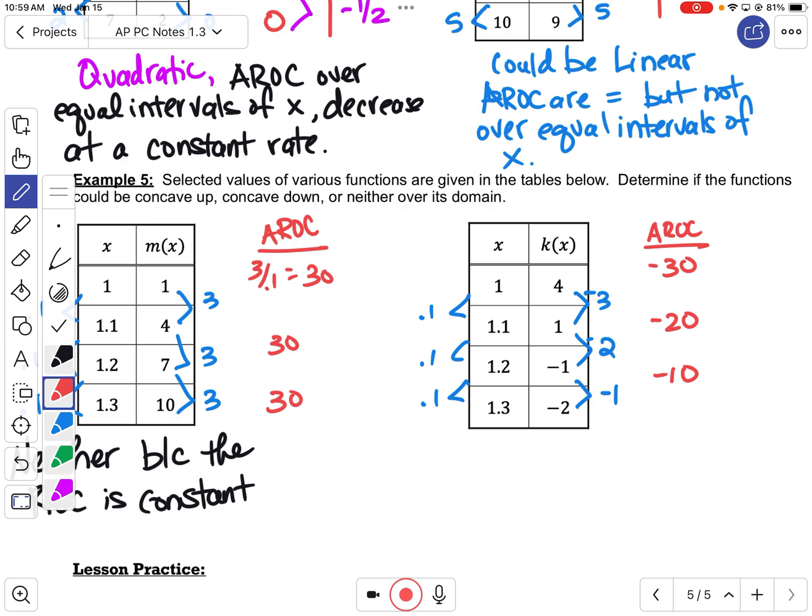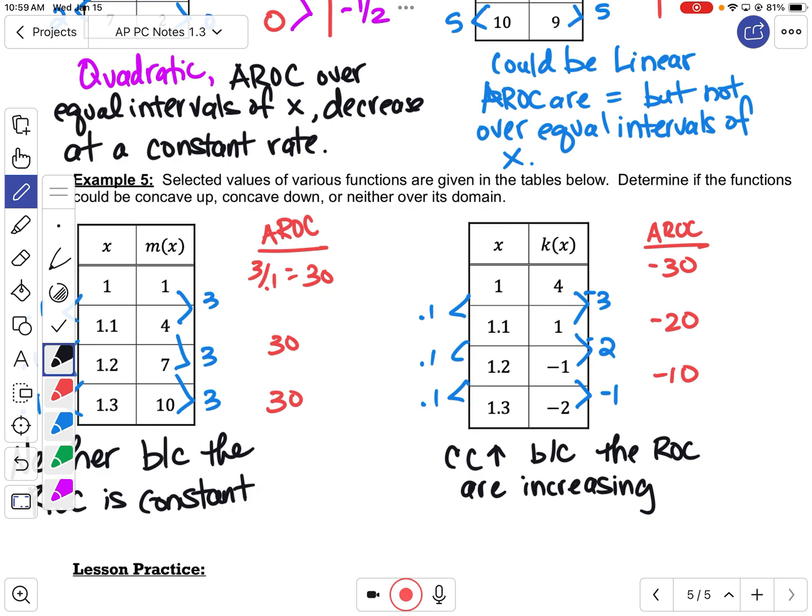So this is increasing, so we would say this is concave up, because the rates of change are increasing. I picked that one on purpose because for some reason those negatives get our brains all backwards. So we just have to be careful. If we get less negative, think about the number line, you're moving more towards the positive side, so you're increasing to the right.